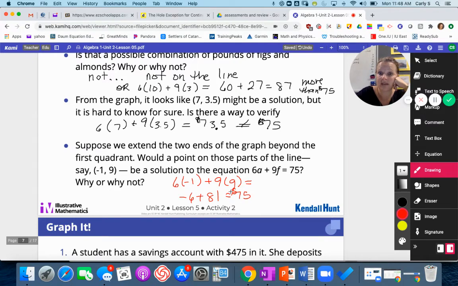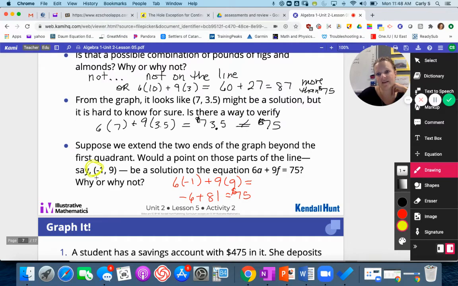Is it a valid point? Is it a solution? Does it make sense? It doesn't. Can I buy -1 pounds of almonds? No, so that does not make sense.